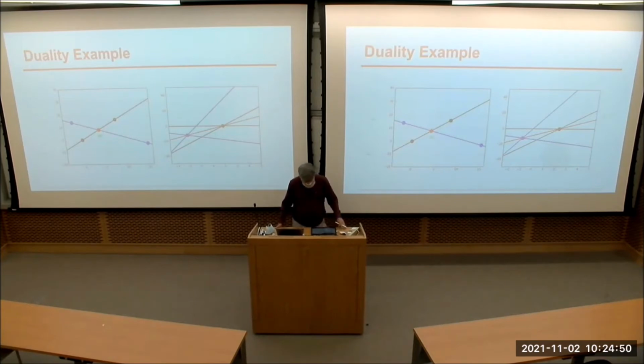In dual space, that corresponds to one red line. I had one blue line. That's going to correspond to one blue point in dual space. Two points on that line are going to correspond to two different lines in dual space.